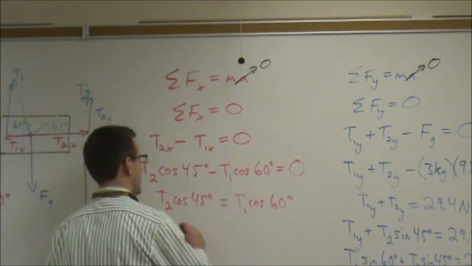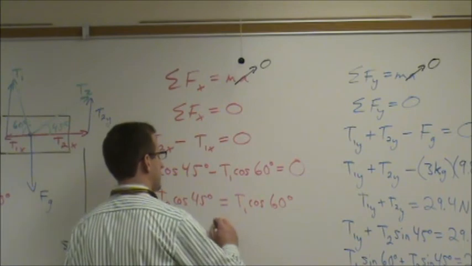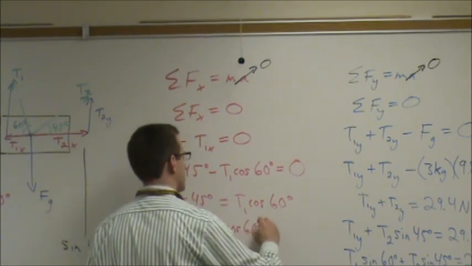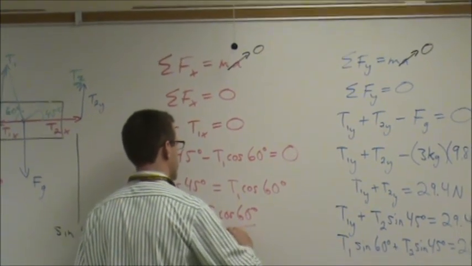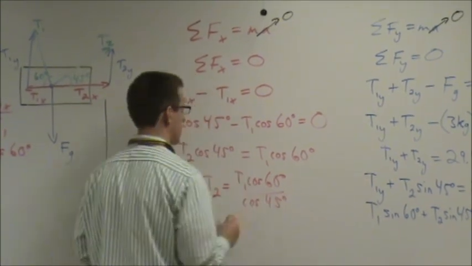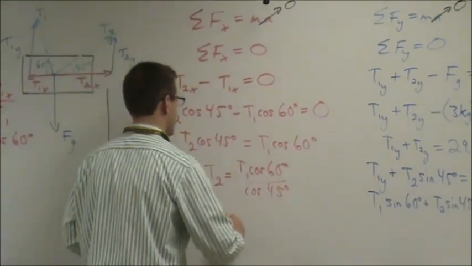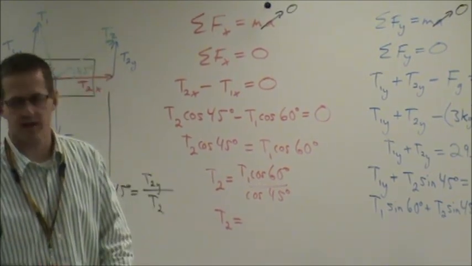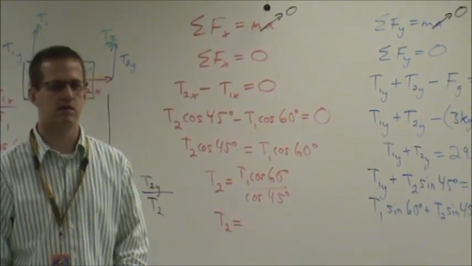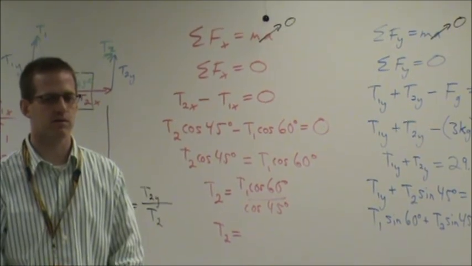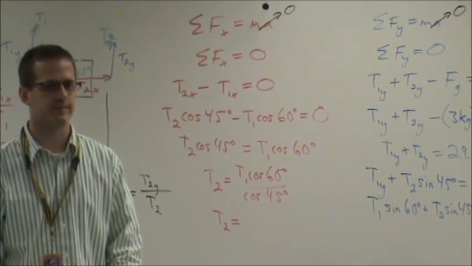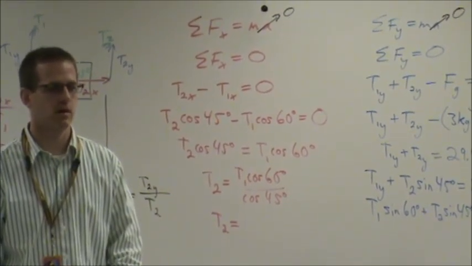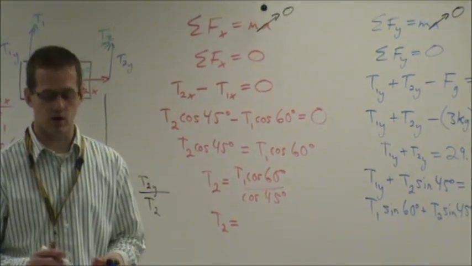So I could solve this and say T2 is equal to T1 cosine 60 divided by cosine 45. And you can plug that into your calculator and get a number. Cosine 60 divided by cosine 45. Find out what it is. Make sure your calculator is in degree mode when you do.